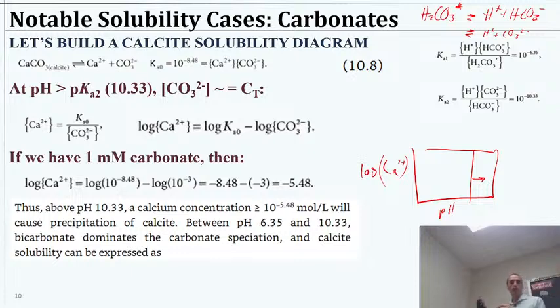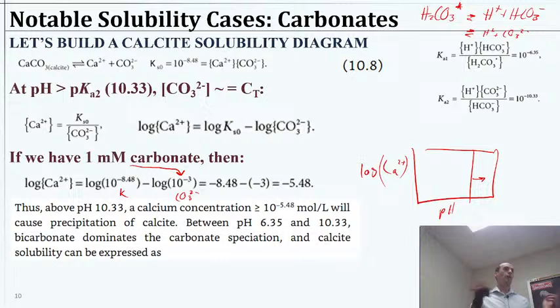Given that, we can write this equation that says the log concentration is going to be equal to, and we're going to assume 1 millimolar of the carbonate, so we're just going to put in 10 to the minus 3 here, this log K minus the log carbonate.